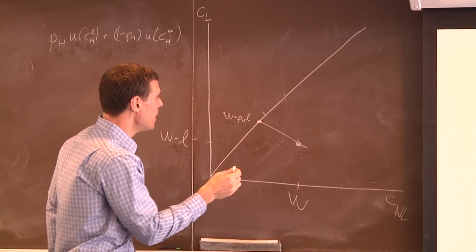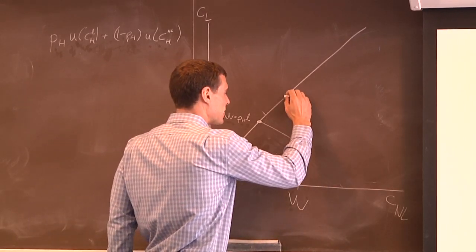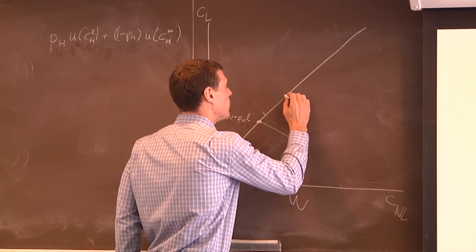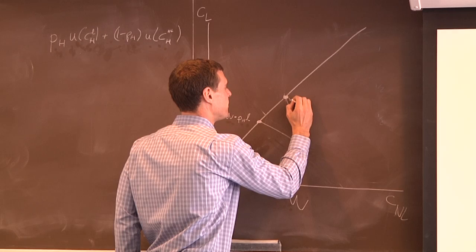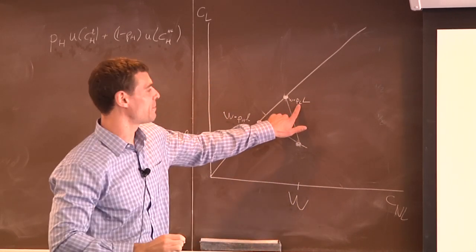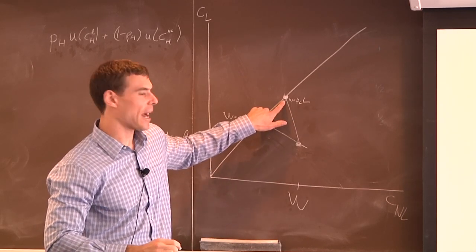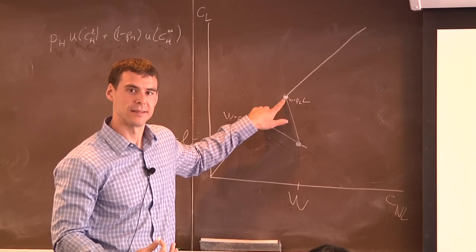And then he says, okay, in a perfect world, the good risk guy would consume this point, which would be W minus PLL, which is the actuarially fair insurance bundle for this guy.